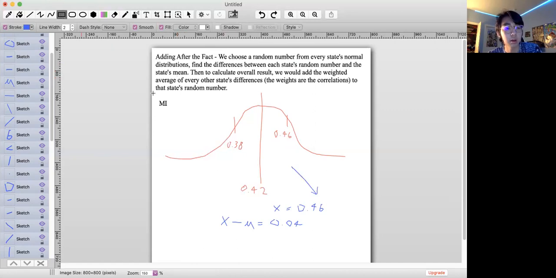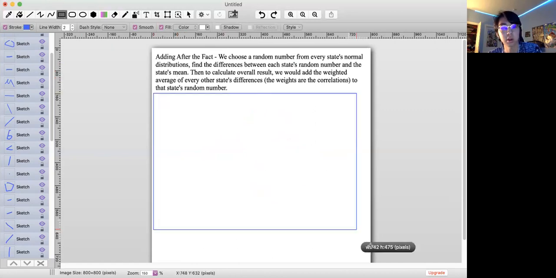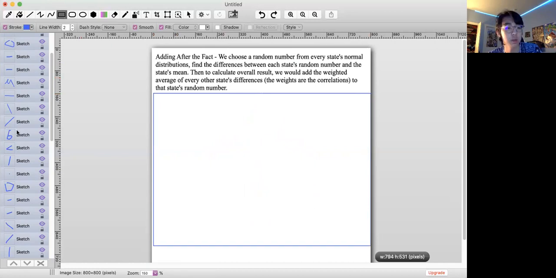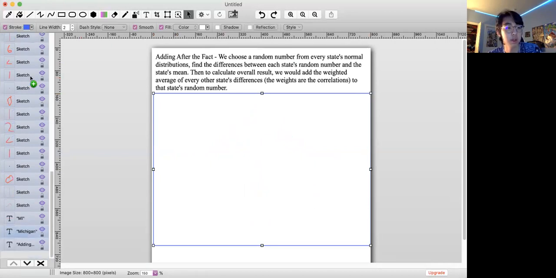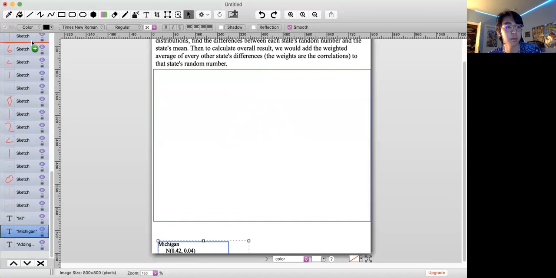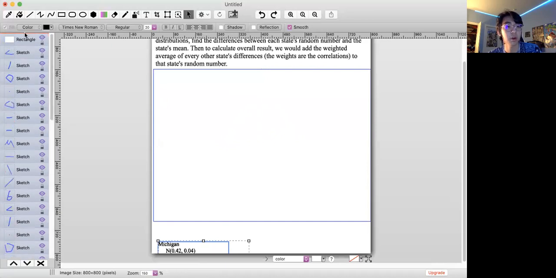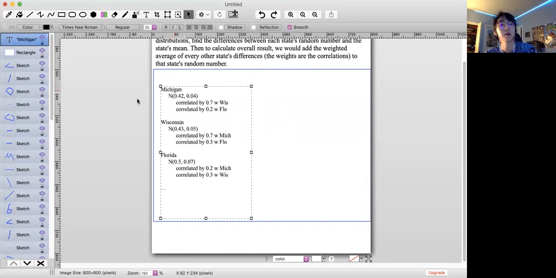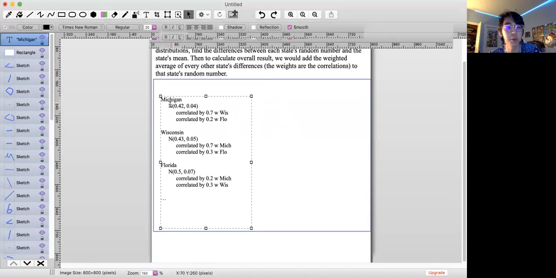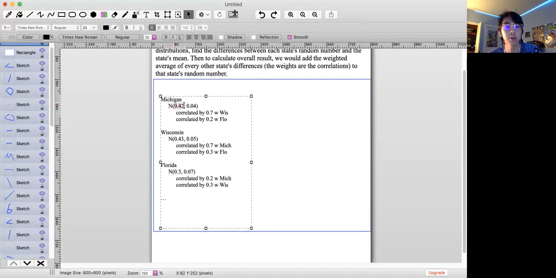And now I'm going to condense that into some words, which I've already written out just down here. There. So this is what we just saw. We see for Michigan, it is a normal distribution centered at 0.42 with a standard deviation of 0.04.